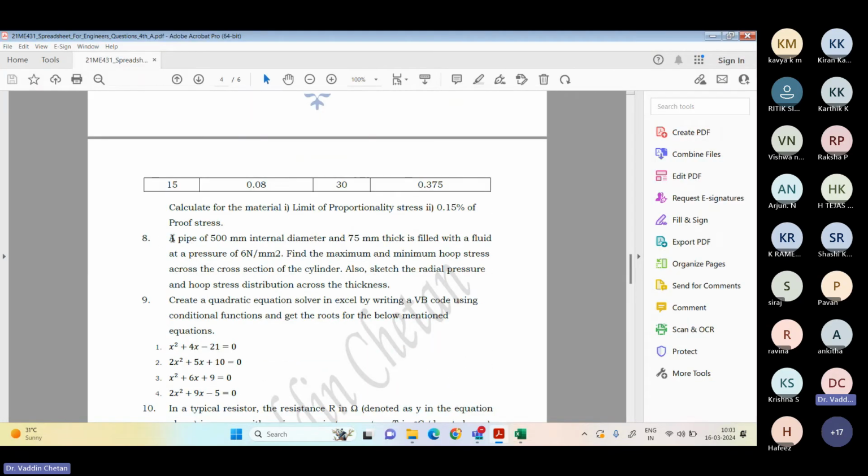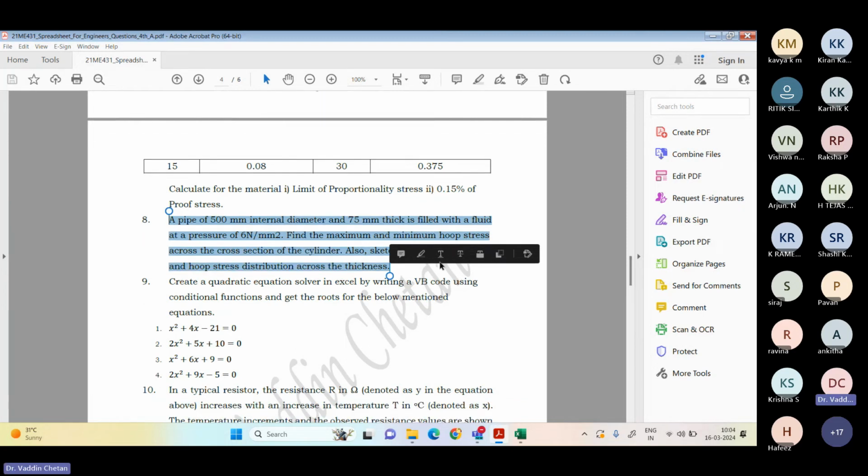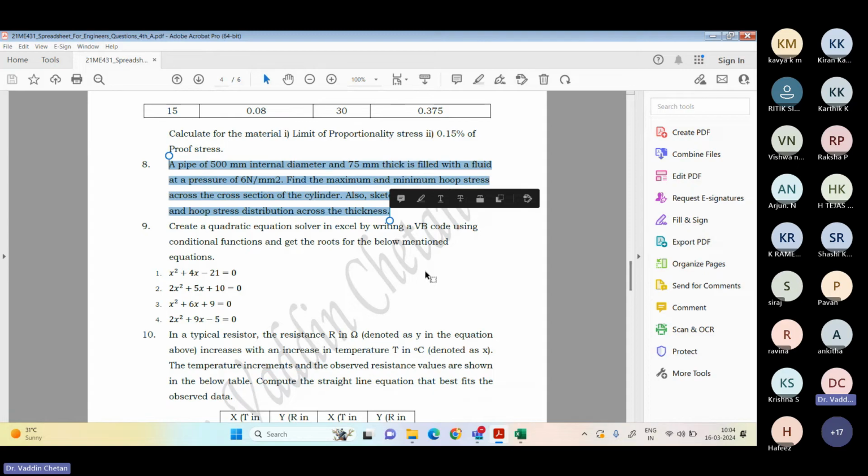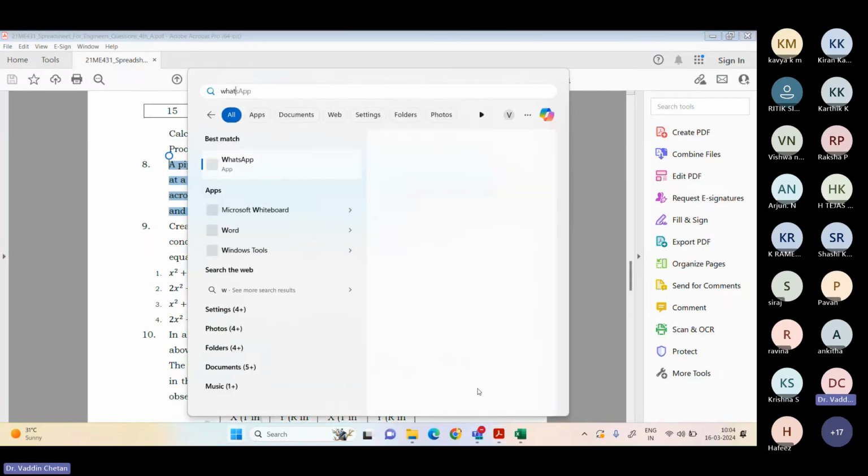That is the major problem which the majority of the students have not attempted in the internals also. That is the thick and thin cylinder problem. So this thick and thin cylinder problem, 1 minute, right? We have some basic keys there.